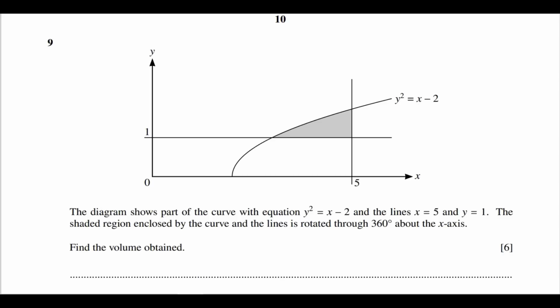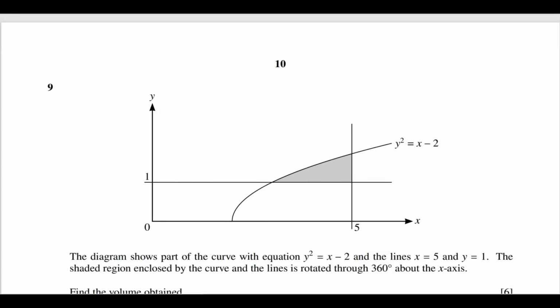So to find the volume of the shaded region enclosed by the lines, we have to find this x value. So here the y value is 1. So in the equation y squared equal to x minus 2, substitute y equal to 1, which gives x value as 3. Okay.